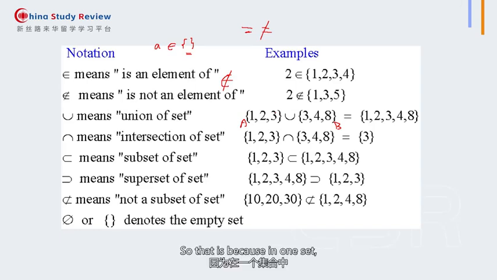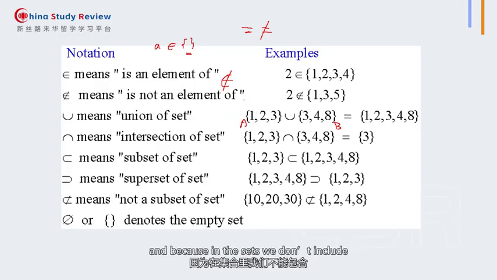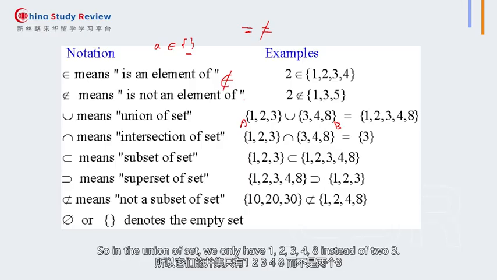In one set, you don't have to write two 3s, because one 3 can already include it, and in sets we don't include two elements that are exactly the same. So here we will not count one of the 3s because it's duplicated. So in the union set, we only have 1, 2, 3, 4, 8 instead of two 3s.